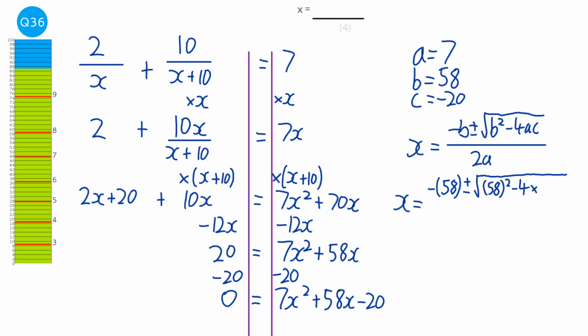Minus 4 times the 7 times the minus 20, and all of that is going to be above 2 times the 7.